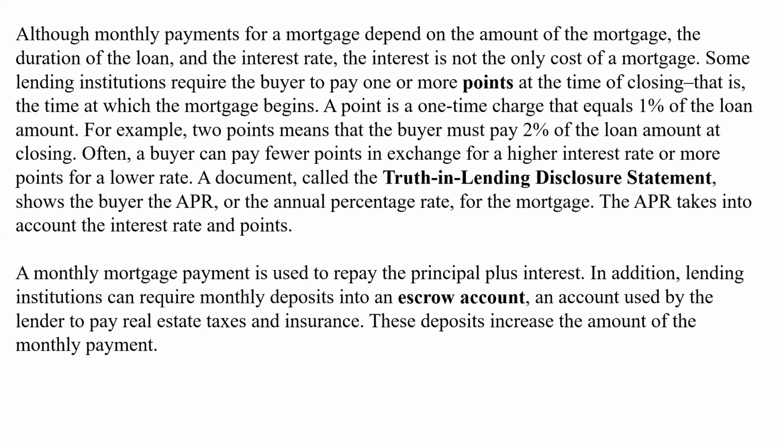You pay it to the bank, and they turn around and pay those places. That's why you have this escrow account. These deposits increase the amount of the monthly payment. They get more in, and then at the end they can pay out your taxes and your insurance. So they know for sure you're getting the house insured, and they also know for sure you're paying your taxes.